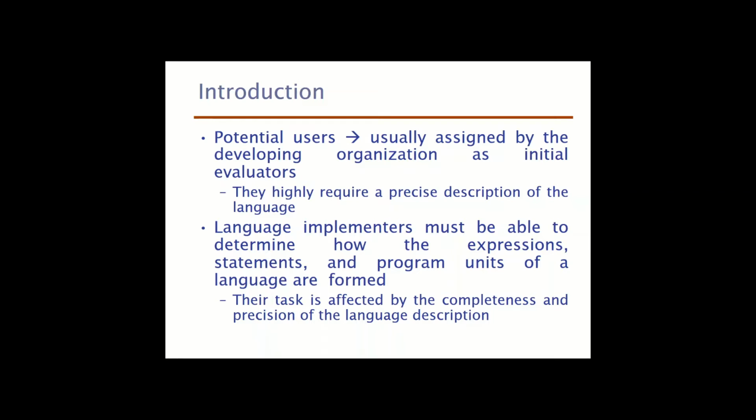Potential users here means people with, let's say, an adequate set of skills to evaluate whether the programming language is up to its specifications or not. Like we can say the initial users, but with really good skills to judge. All right, and that's why they require a high level of precise description of the language.